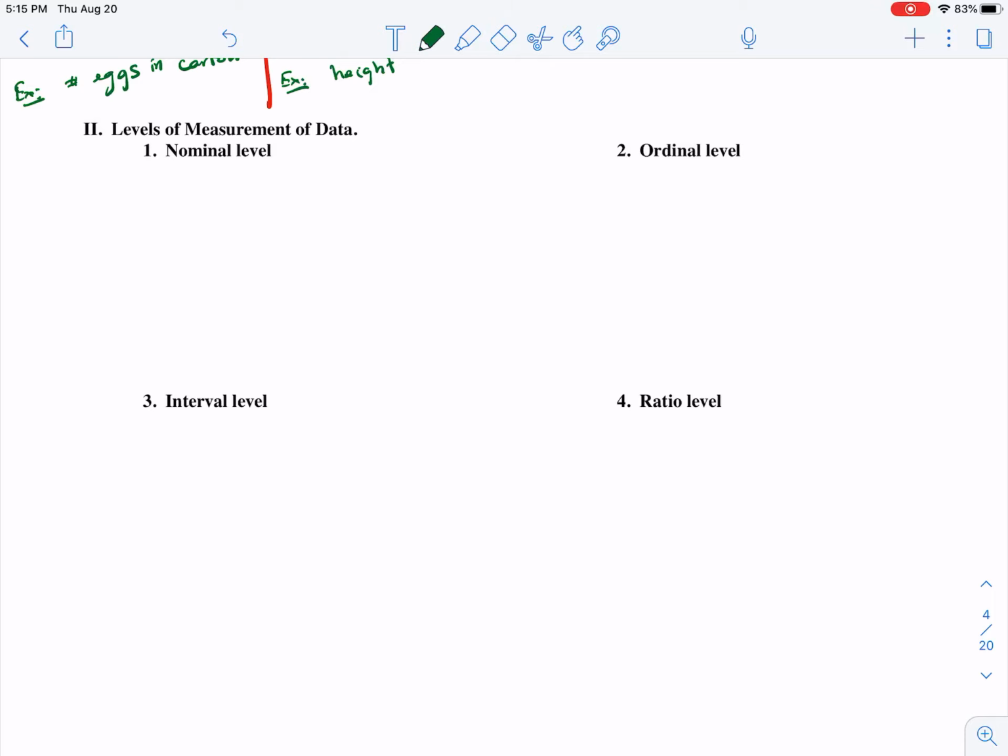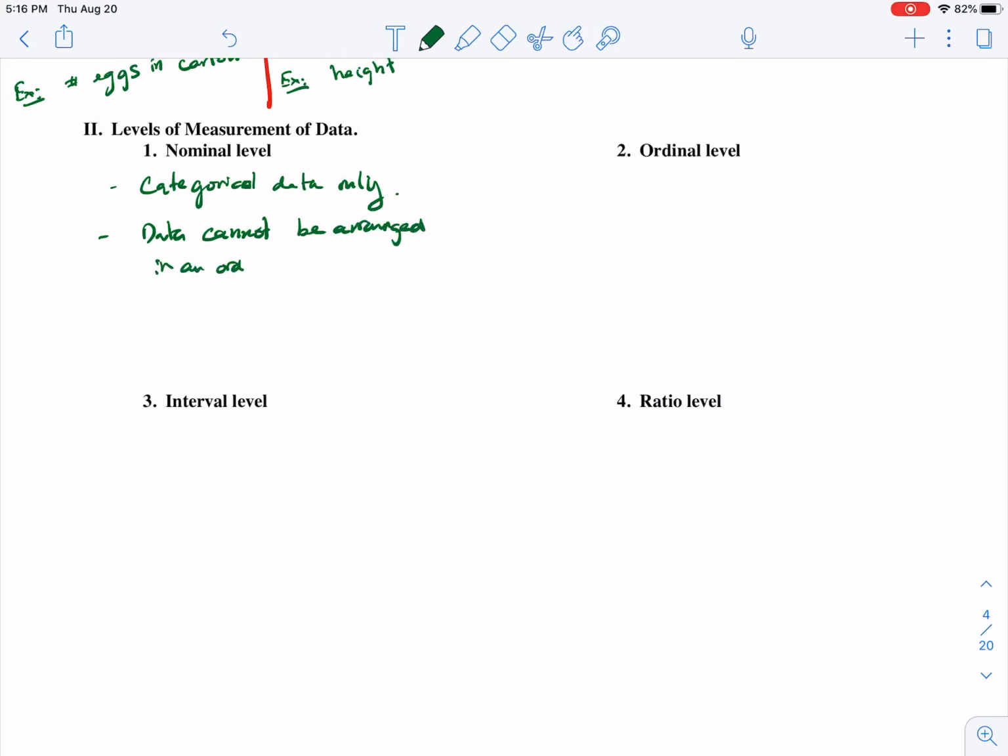The first level of measurement will be the nominal level. This level is mainly just categorical data only, and data cannot be arranged in order.